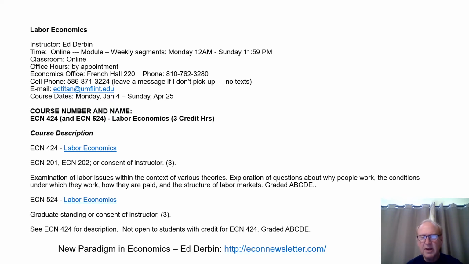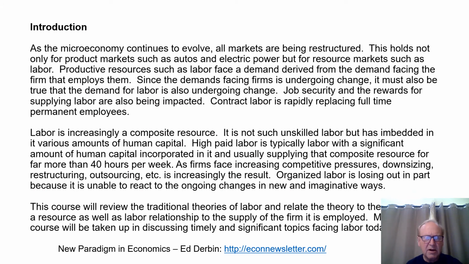So let's move on. What we're looking at in this course is, again, labor economics. If we go back to the earliest introduction to economics, it has to do with the circular flow of real economic activity. Labor is what we're looking at, and this is a microeconomics course because we're drilling down on specific portions of that circular flow.